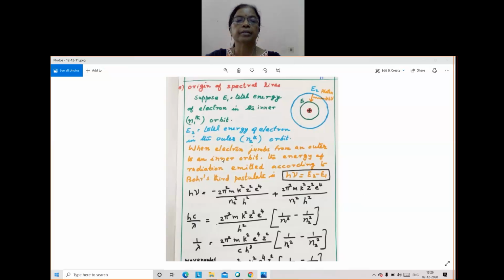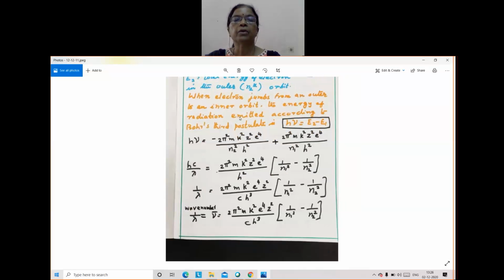Okay. So here the electron jumps from an outer to an inner orbit. The energy of the radiation emitted according to Bohr's third postulate is h nu equal to E2 minus E1. And we already got the formula for the energy of the electron in different orbits.